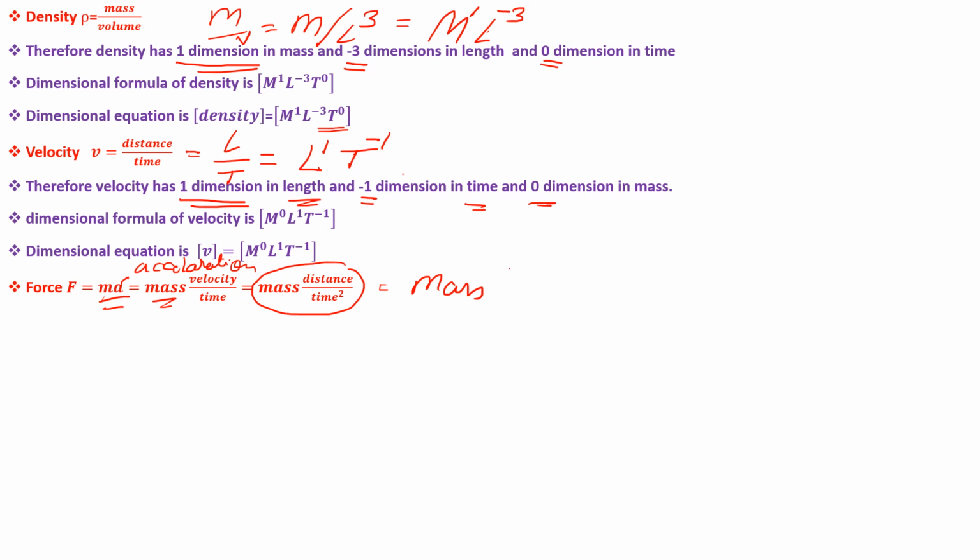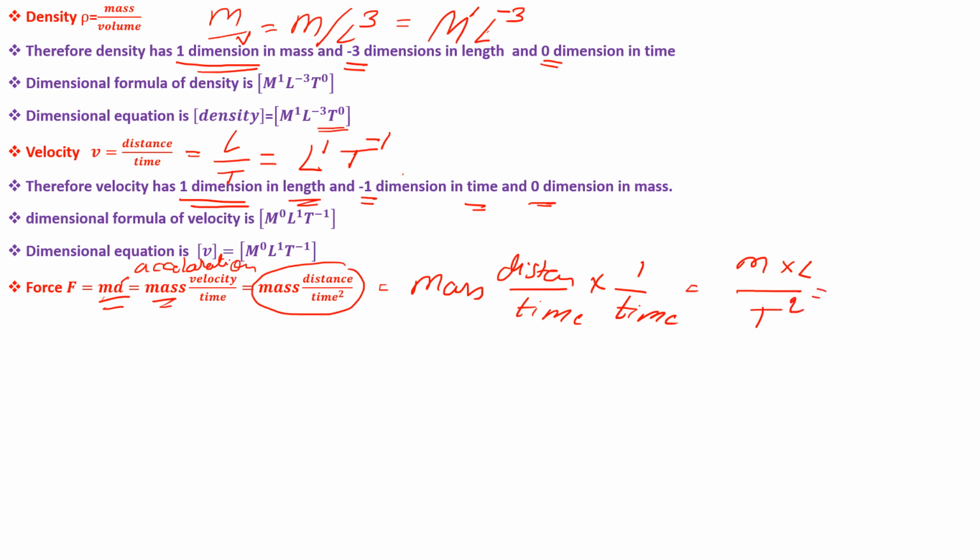Velocity is nothing but distance by time, and already there is one more time. So I can write mass into distance L, that is length, divided by time square.